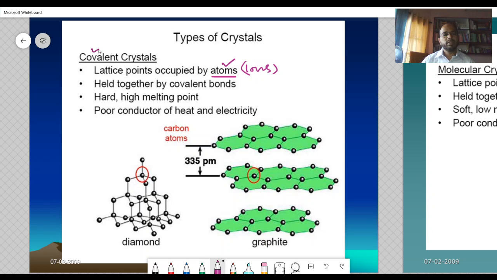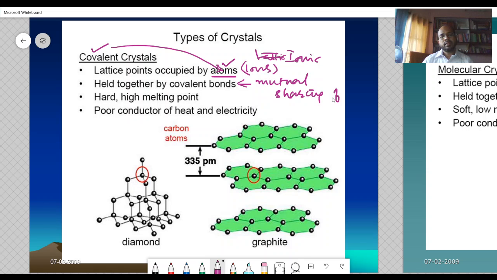So covalent means atoms; ionic crystals will have ions. They are occupied by atoms and held together by covalent bonds. Covalent bond is mutual sharing of electrons. They are also hard and have a high melting point, but they are poor conductors of heat and electricity. An example is the carbon atom in graphite.